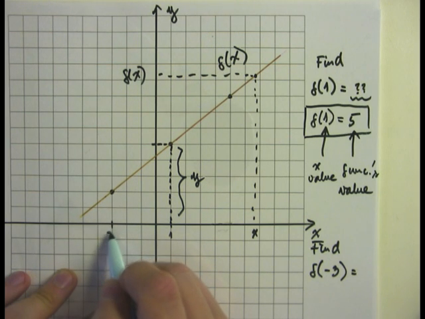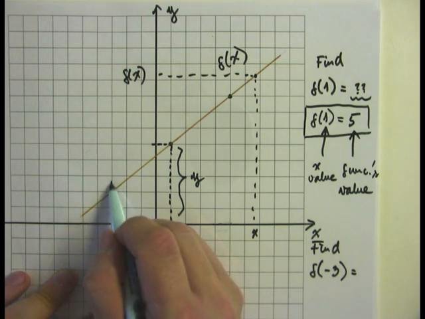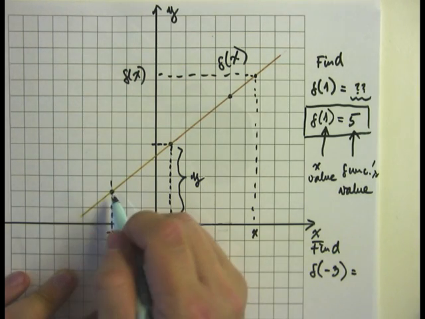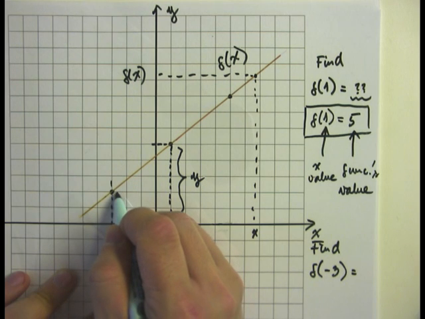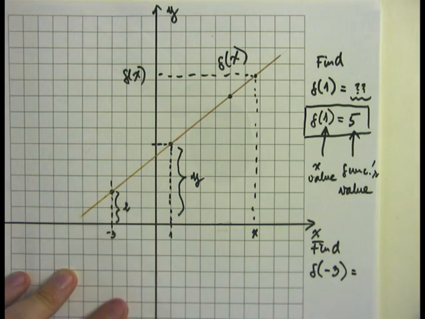Right here is -3. Once again, draw a dashed vertical line and keep drawing until it hits the line of the graph. There is that point. How much y value is this? That would be +2. So the answer to this would be +2. And that's how we find the answer to that second question.